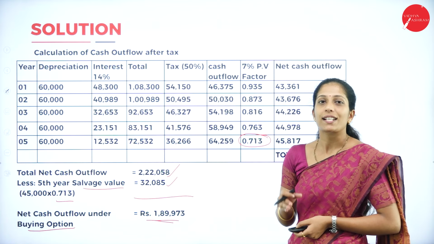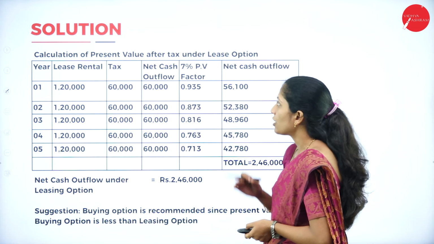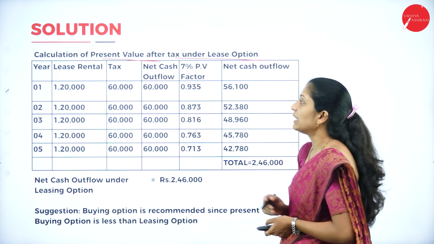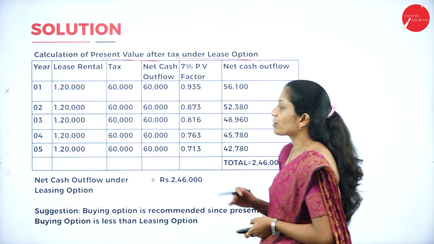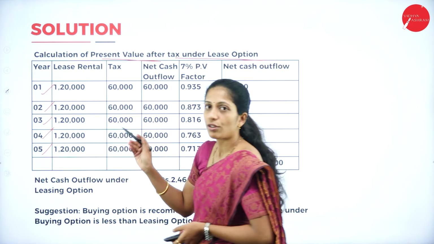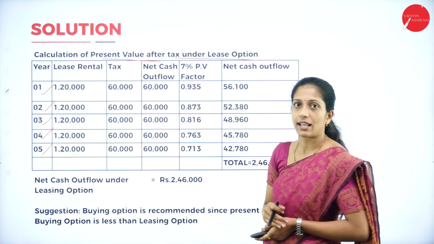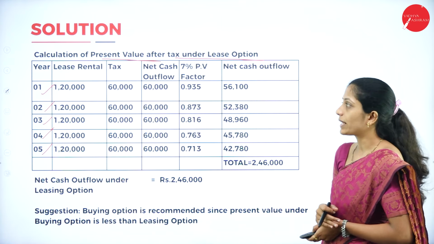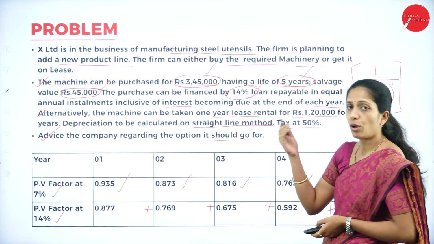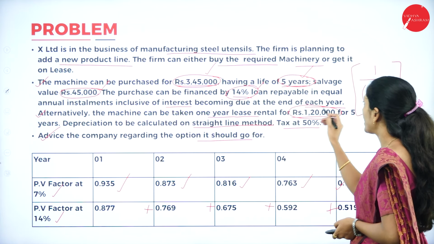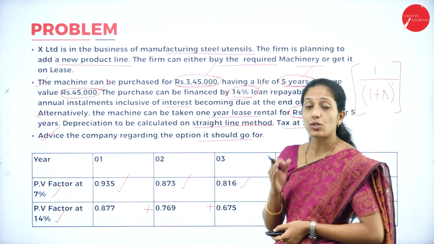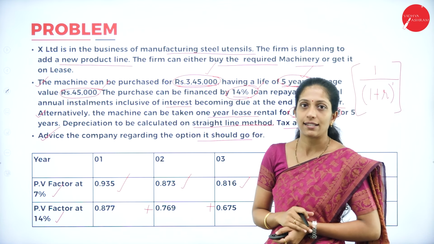Now let us see the net cash flow in the leasing option. For that we have to prepare a table, calculation of present value after tax under the lease option. Here also the years remain the same: 1, 2, 3, 4, 5. So 5 years. What is the lease rental? They have directly told us in the question. Go through the question. If they go for lease financing, they have to pay 1,20,000 as lease rent, each for 5 installments.